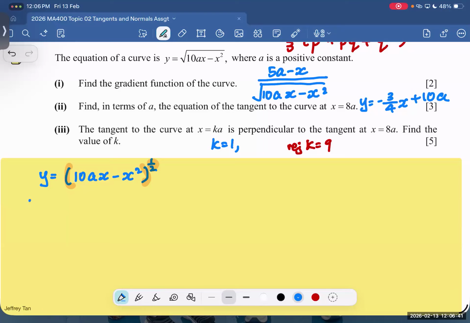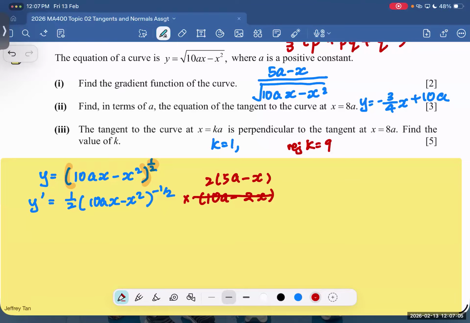Differentiate, y prime. Power goes in front, power drops by 1. Differentiate inside, outside is 10a minus 2x. 10a minus 2x is the same as 2 of 5a minus x.